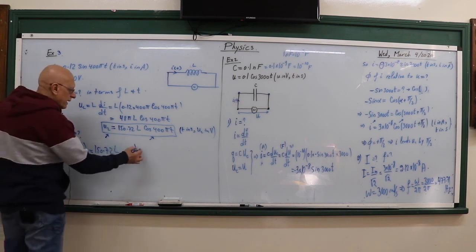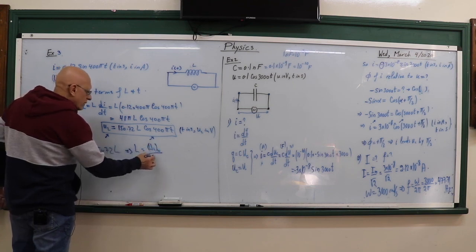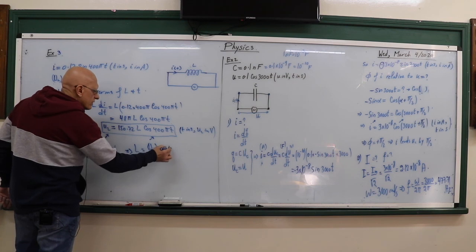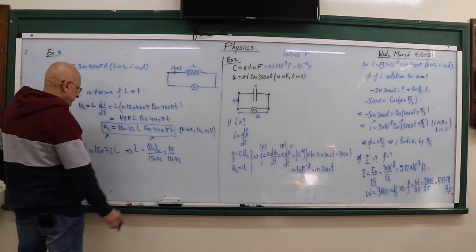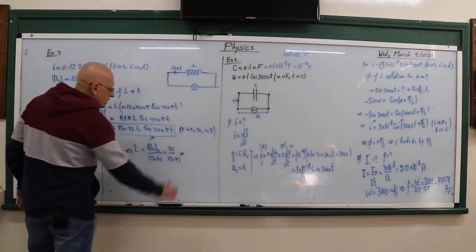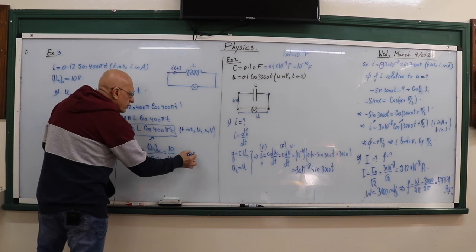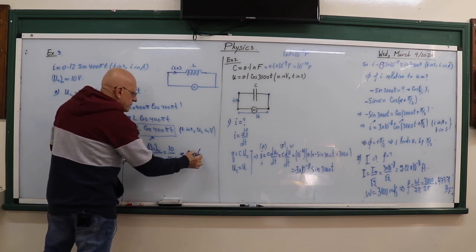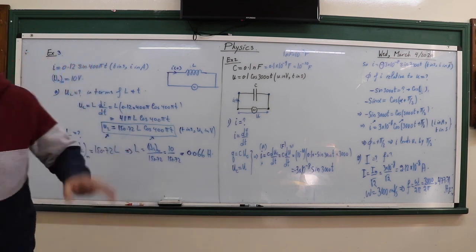This means that L is equal to UL maximum over 150.72, which is 10 divided by 150.72. This gives 0.066 Henry. This is the end of this session.